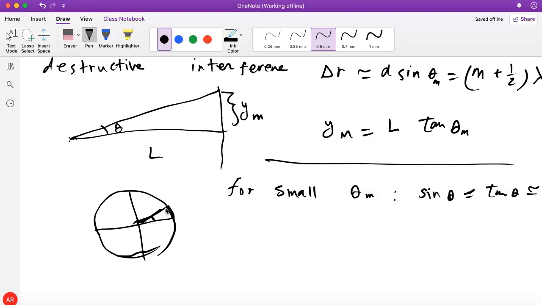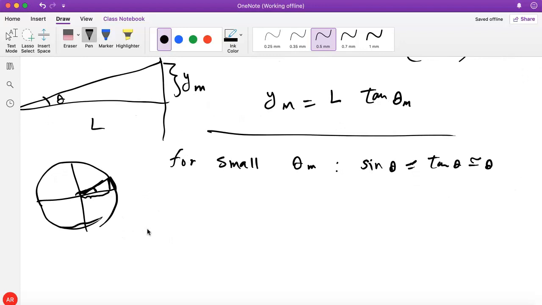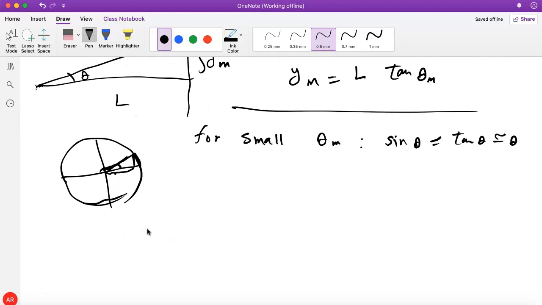Tangent theta is the length of this vertical line over this thing here, which is slightly less than the radius. And sine is again that vertical line over the radius, which is 1. So we see that in the limit theta becomes small, they're all roughly equal, and that also follows from just Taylor expanding the sine function and the tangent function around theta equals 0.